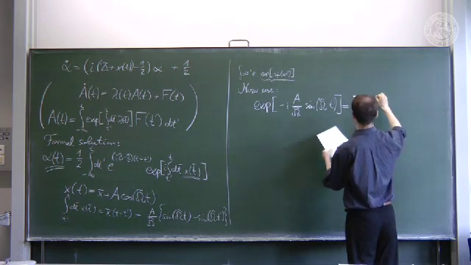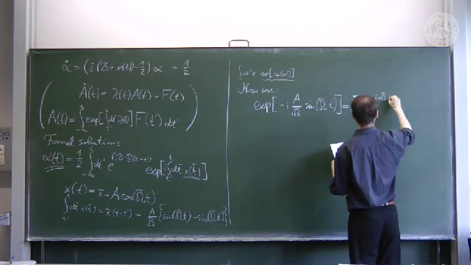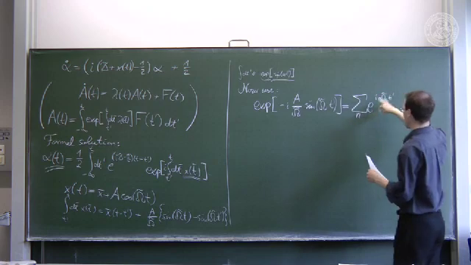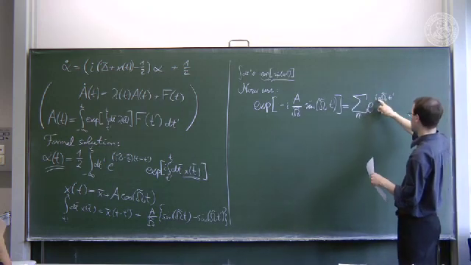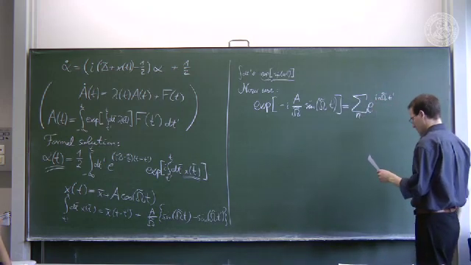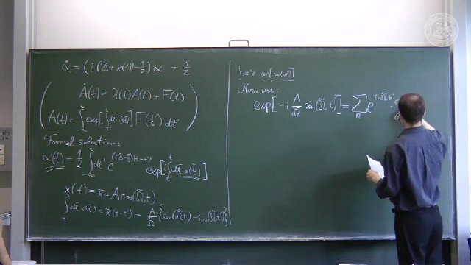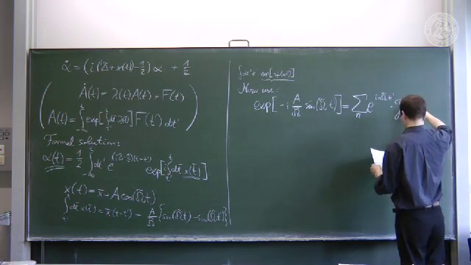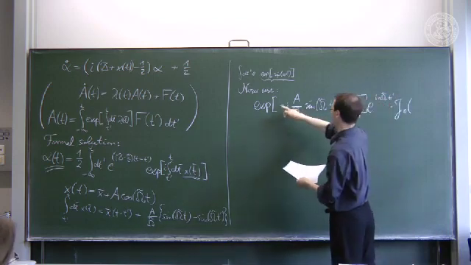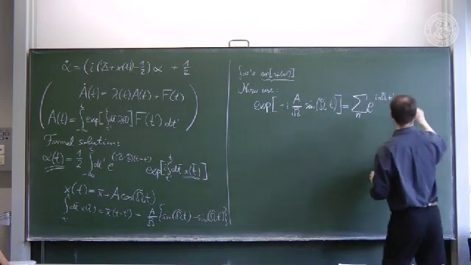So that would be e to the i n omega tilde t prime. There are all Fourier coefficients with arbitrary index n times J_n of the prefactor here, minus a over omega tilde.